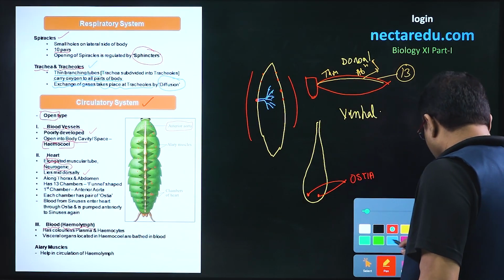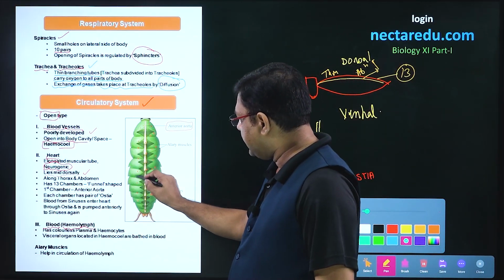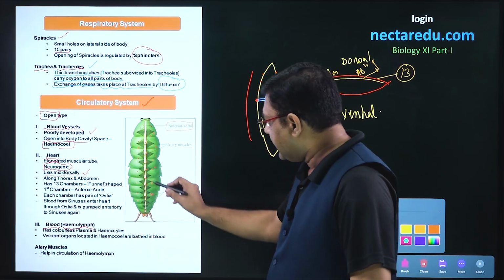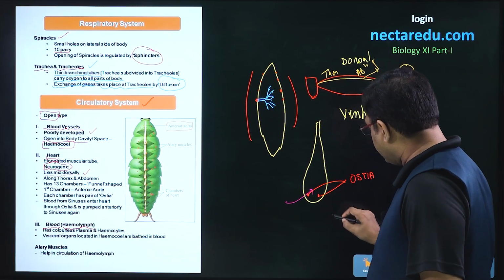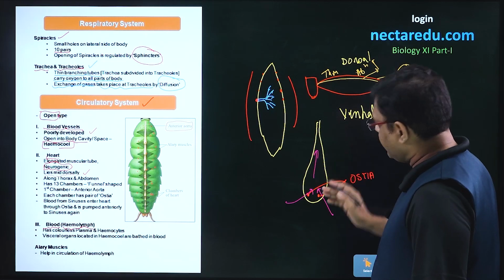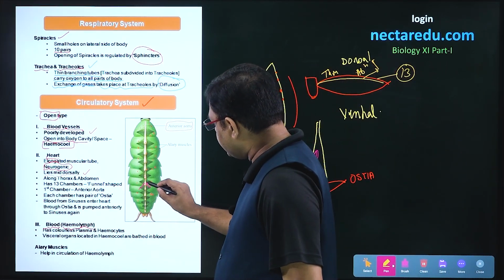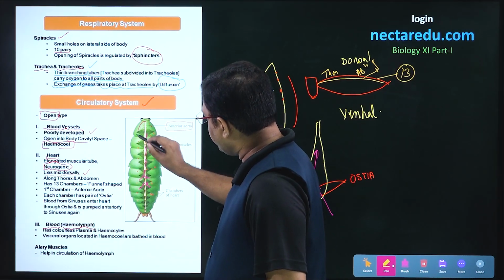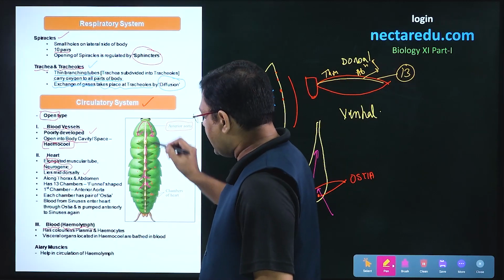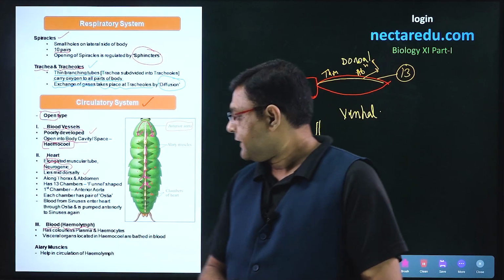Now, the function of ostia is that blood enters from the hemocoel or sinuses inside the heart with the help of these ostia. So, blood will be coming in and it will be going to the forward part. Blood will come like this inside and move anteriorly, and from here it will again come back, and that is how circulation happens in the case of cockroach.